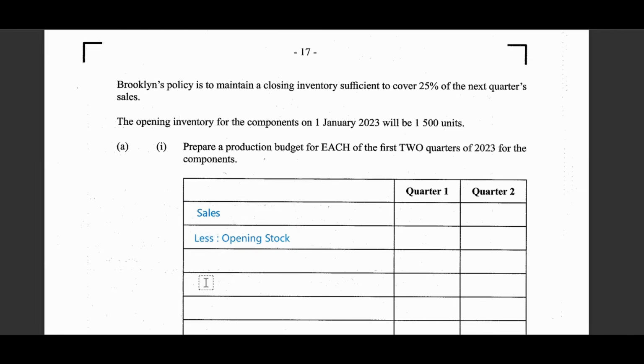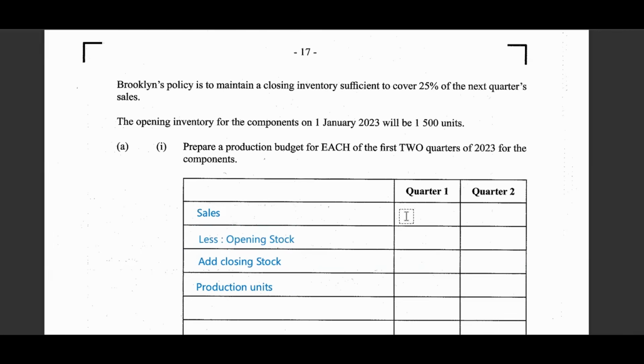Then we're going to add closing stock onto that. And then that should give us our production units. Good. All we need to do now is just go get some values, put them in, and we should be done.